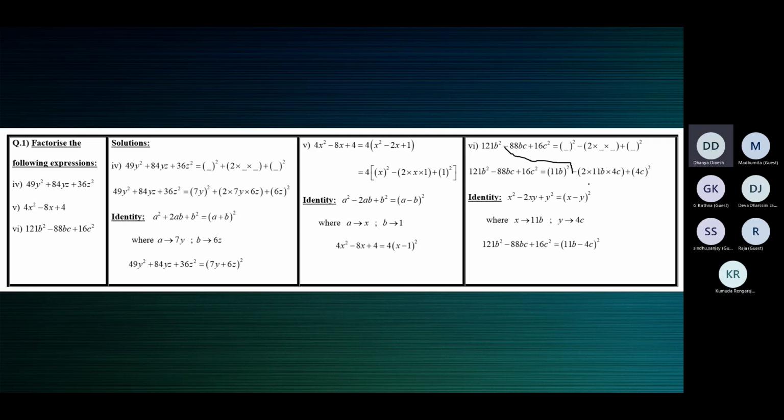So by equating, it is 11b minus 4c the whole square. 121b square minus 88bc plus 16c square is 11b minus 4c the whole square, ma'am. Very good, Tanya. Excellent explanation. Thank you, ma'am.